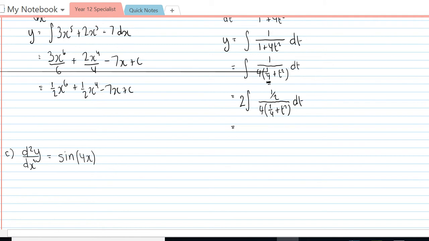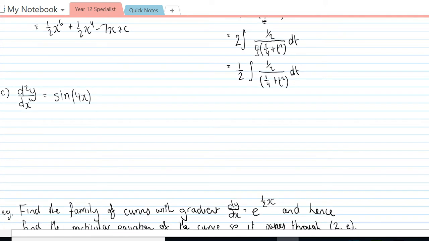So I'm now going to move the 4 from the denominator right out the front to give 2/4, which is just half, times the integral of half over 1/4 plus t squared dt. And now we should be good to solve this. So we end up with half inverse tan of t over half, which is just going to be 2t. And then we always have to have the plus c on the end.